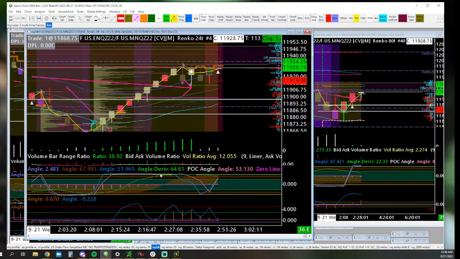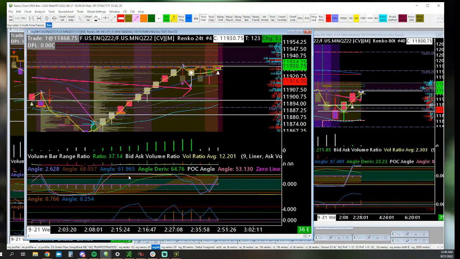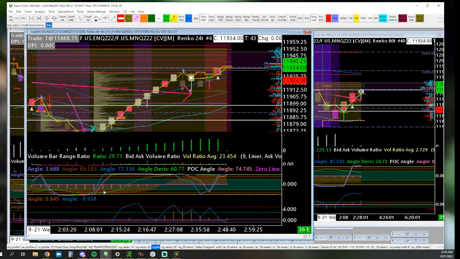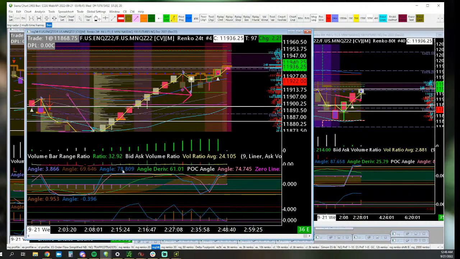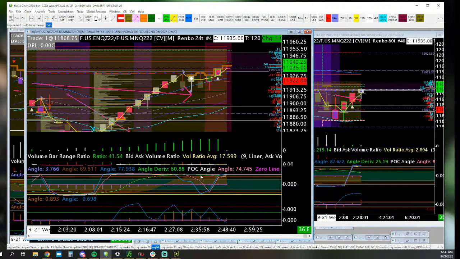All of those are different periods or derivatives of the derivative. So the blue line, I believe, is the angle, and the green line is the derivative of that angle, but on a higher length.